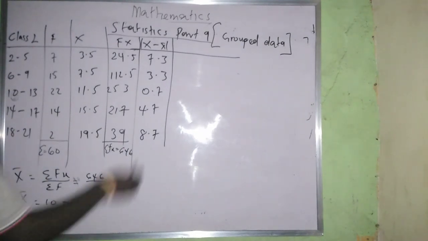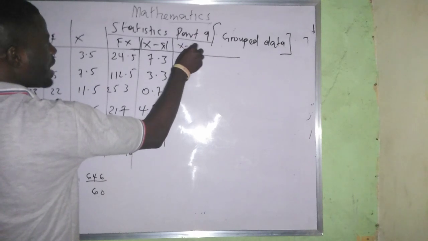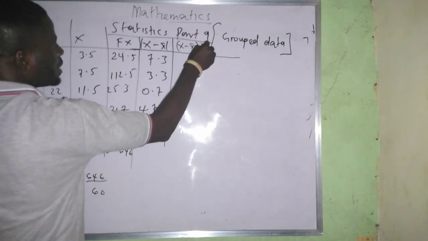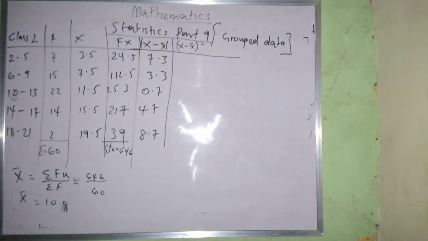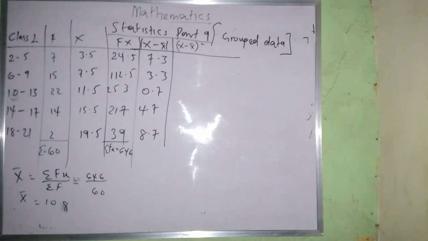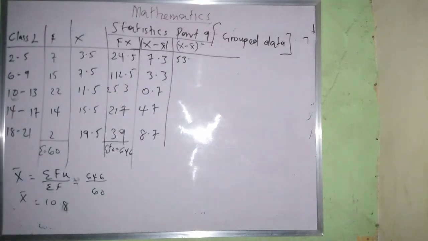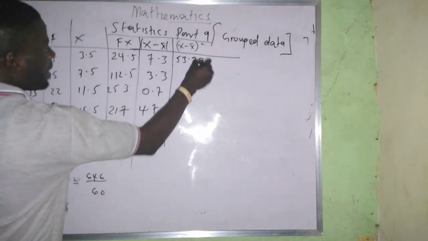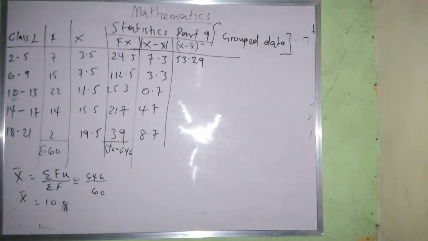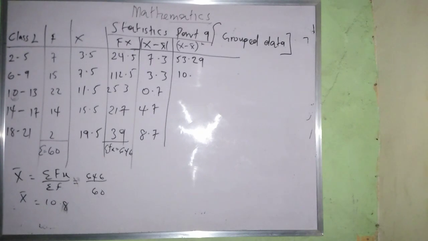Now the second one we have is x minus x bar all squared. It means we square what we are having here on each class. If I square, this one will be 53.29. This also will be 10.89.